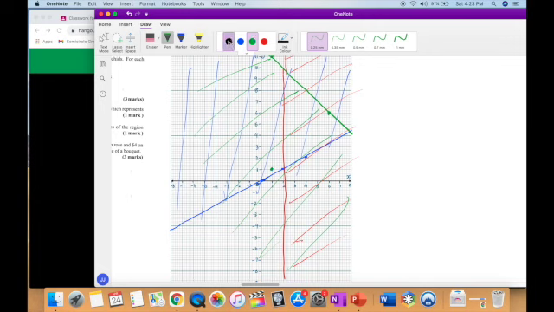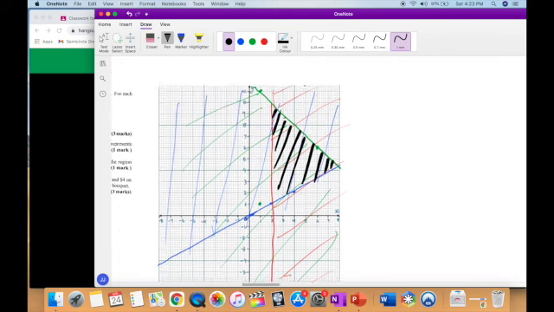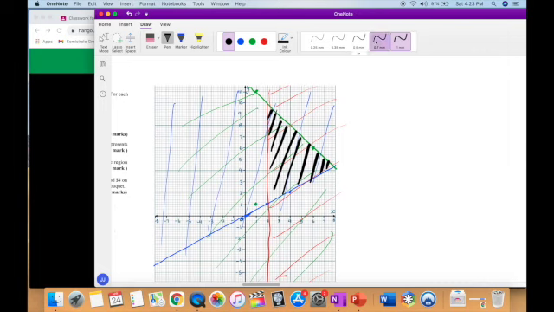And therefore, the shaded region that is common to all of them is this portion over here that is common to all three. And you can see that we have a triangle there. Anybody want to tell me what the coordinates for this vertex here are?